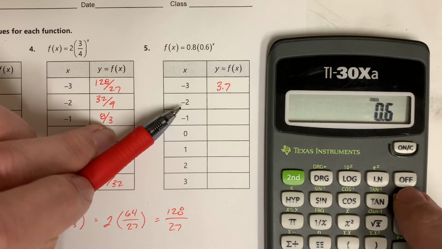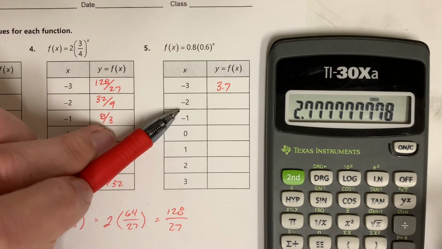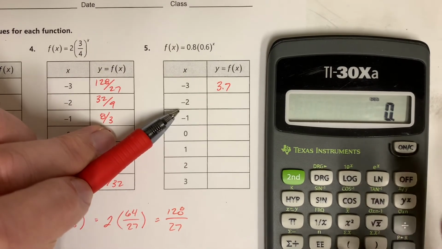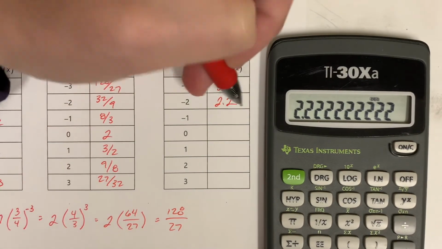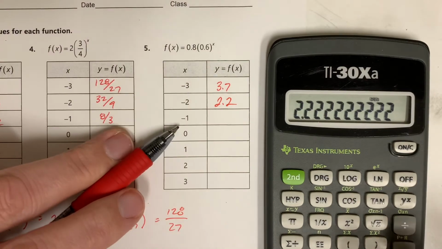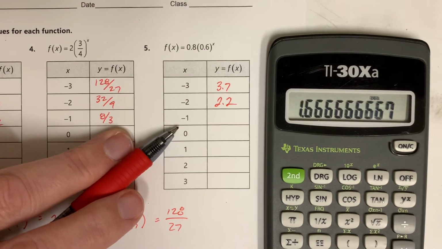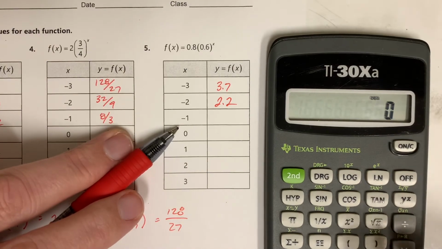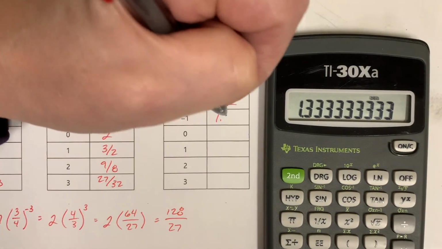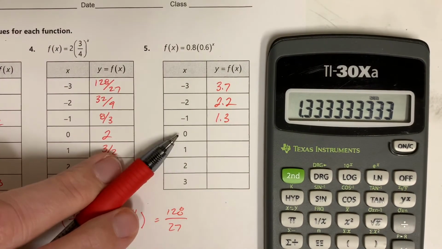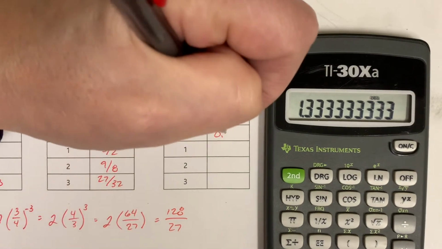All right, let's do -2. 0.6 raised to the 2, make it negative, equals, times 0.8, and that's about 2.2. Let's try -1. 0.6 raised to the 1, make it negative, equals, times 0.8, and that's about 1.3. 0 is pretty easy. 0.6 to the 0 is just 1, times 0.8 is just 0.8.